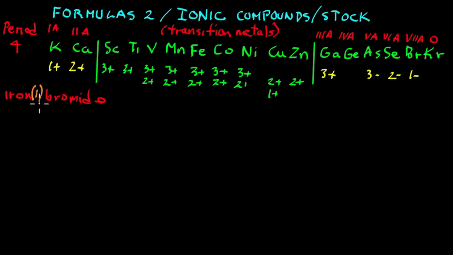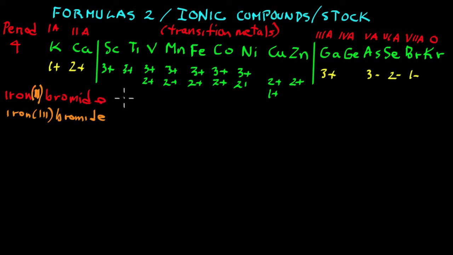Say iron(I) bromide, or iron(II) bromide, or iron(III) bromide. There is no iron(I), so we'll put II there. Iron(II) bromide, or you could have iron(III) bromide.